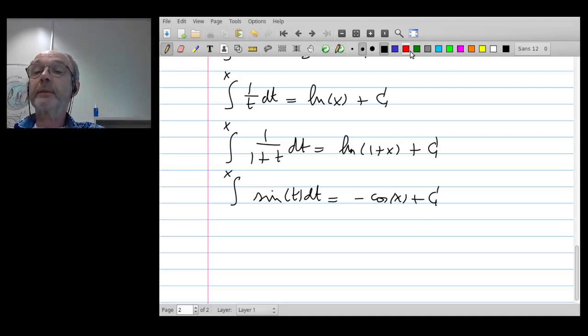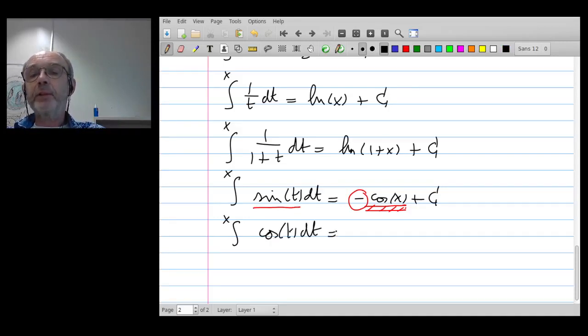Be careful, because if you differentiate the cosine, you get minus sine of x, and with the minus sign staying there, you have the sine of x. And also the integral of the cosine of t, that is easier, that is just the sine of x plus some constant.